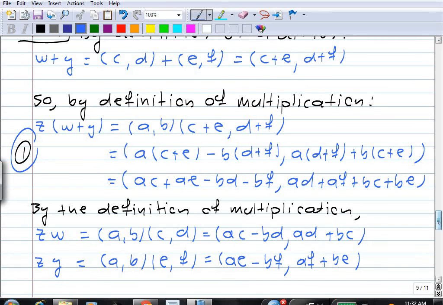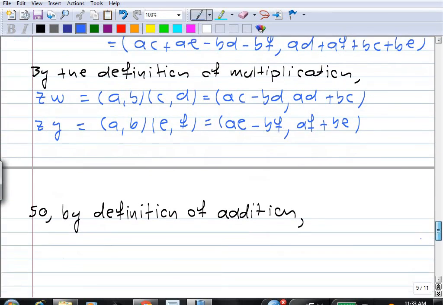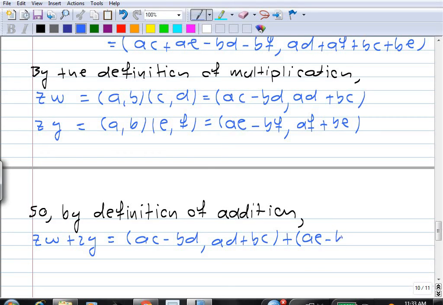And now we just apply the definition of addition to these two expressions. So what is ZW plus ZY? Well, we just add. We've got ZW is (AC minus BD, AD plus BC), plus ZY, which is (AE minus BF, AF plus BE).